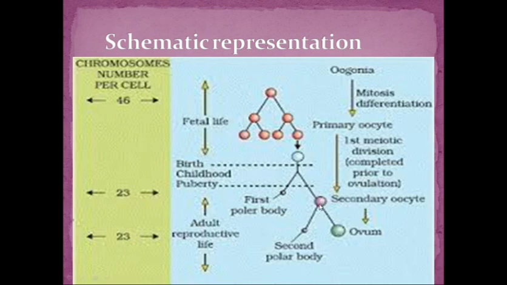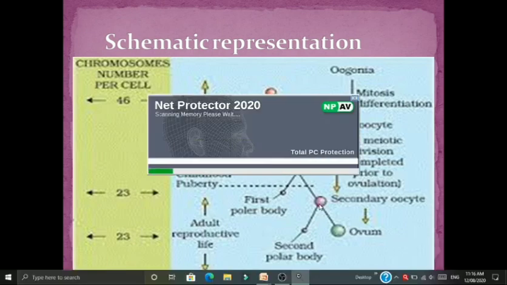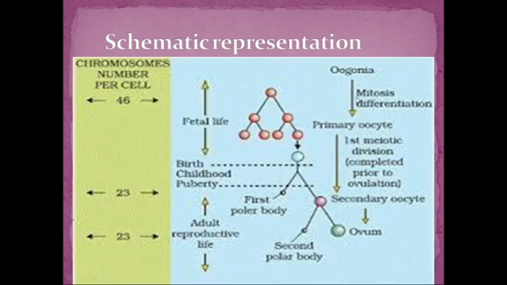Now this secondary oocyte begins the second meiotic division, and gets arrested in the metaphase 2 stage, and will be released out.